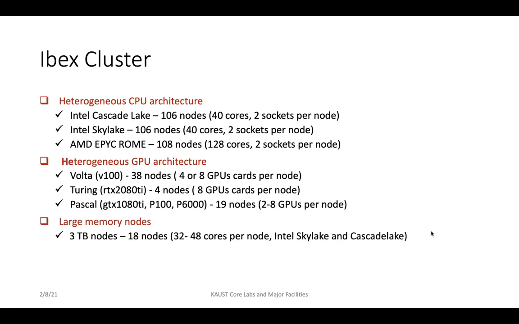The allocatable resources on Ibex include compute nodes of various microprocessor architectures and with different memory capacities, heterogeneous compute nodes with GPU accelerators of various microarchitectures having 4 or 8 GPU cards per node, an assortment of large memory compute nodes with maximum memory capacity of 3 terabytes on a single node, and local SSD storage on some compute nodes.